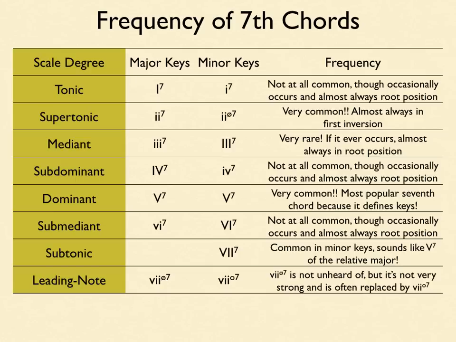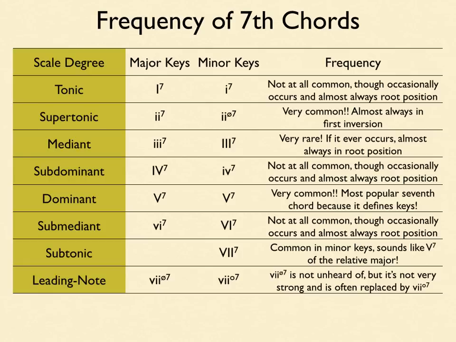But by far the most common ones you're going to need to know are on the supertonic and the dominant. Those are the two most common 7th chords that we're going to come across. In fact, I would go so far as to say that 99.9% of the time when you're coming across a 7th chord, it's going to be on the supertonic or the dominant. But just so you know, it is possible to have 7th chords elsewhere on your scale.